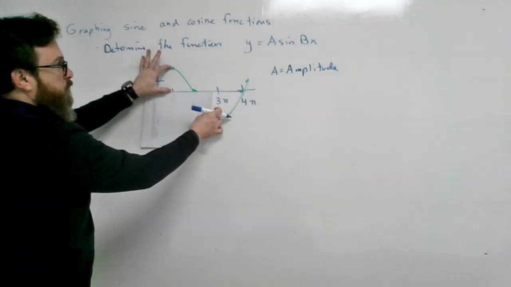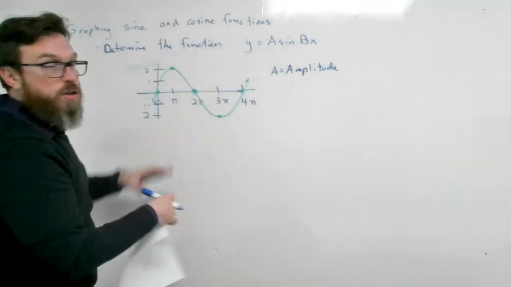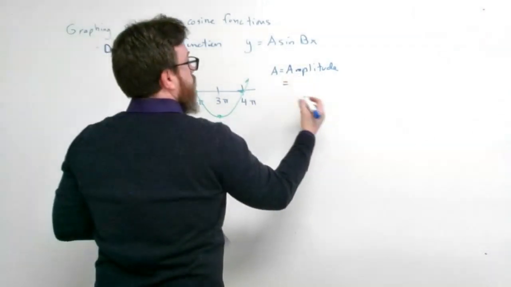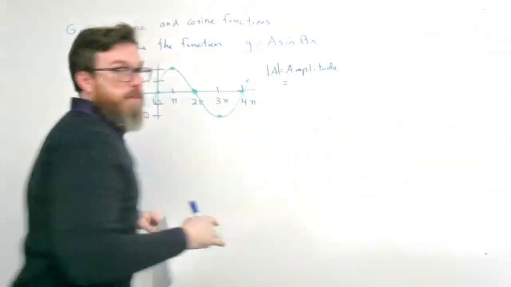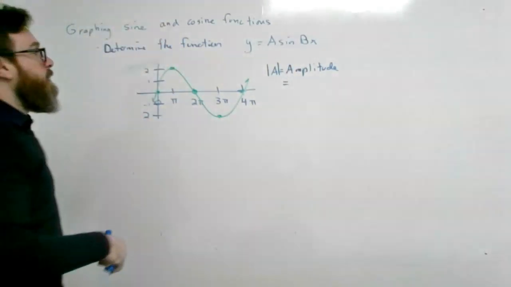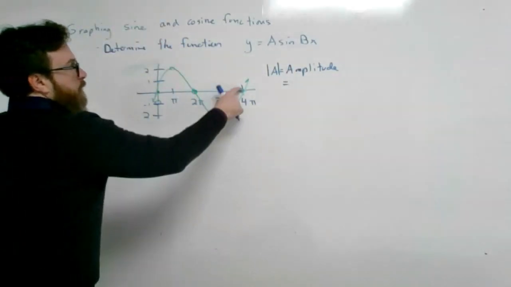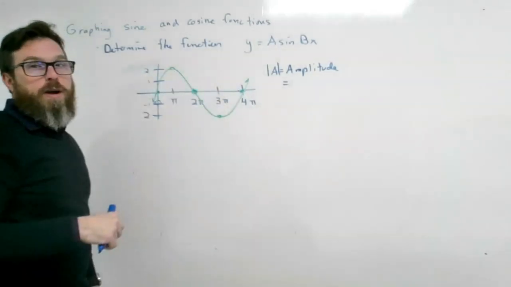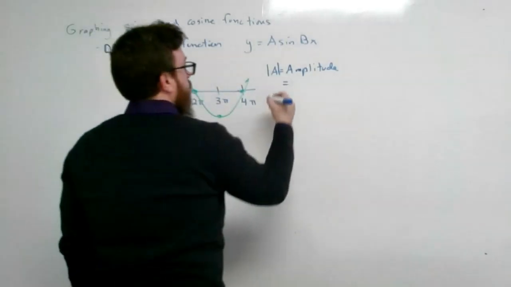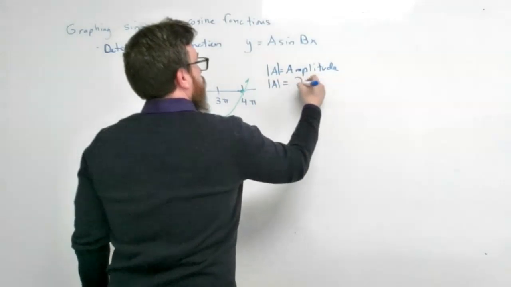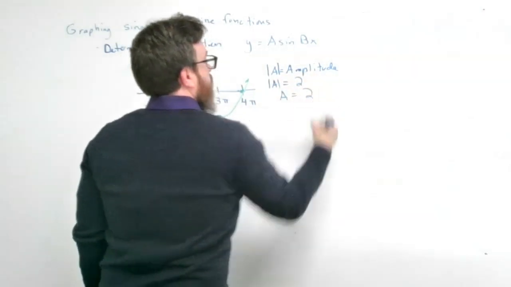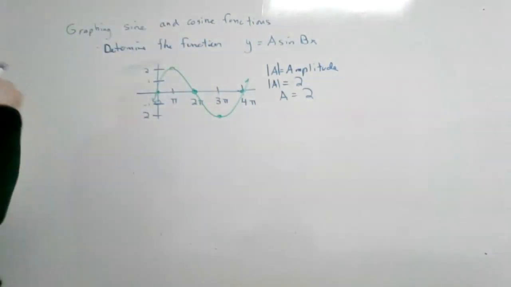So the amplitude being 2. Same thing here. You can see that this is 2. So A is going to be equal to, well, it's really the absolute value of A, because sometimes this thing is flipped upside down. But since this goes up, down, down, up, this is the regular curve of the sine function. So the absolute value of A being equal to 2, but in this case, A is going to be positive 2, not the negative 2.